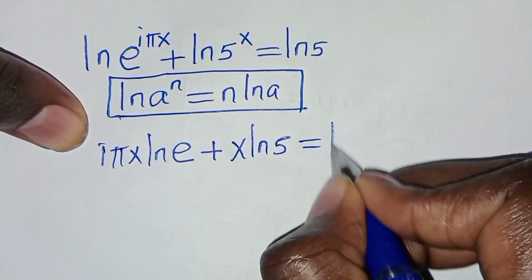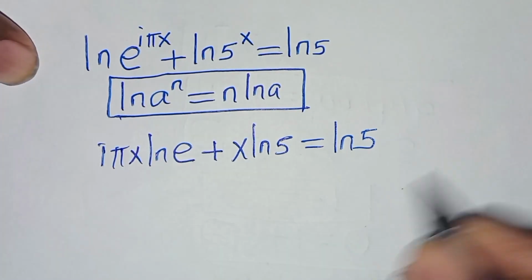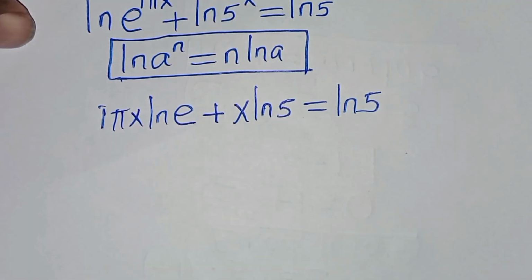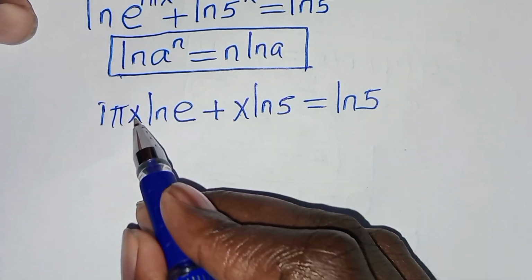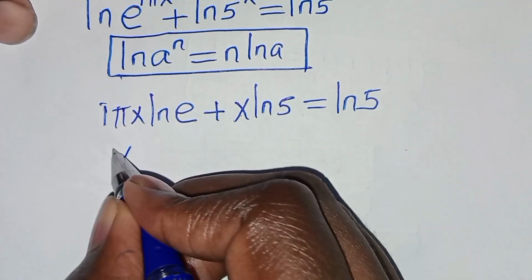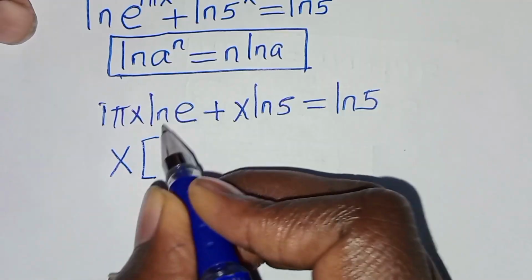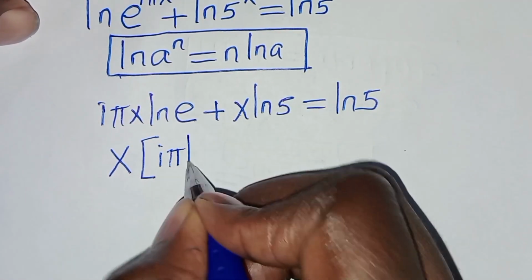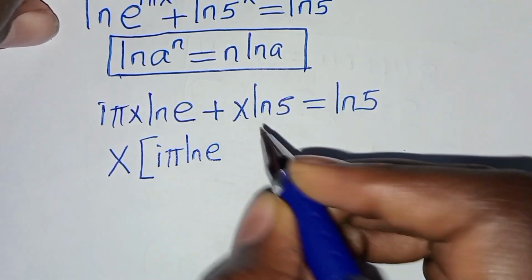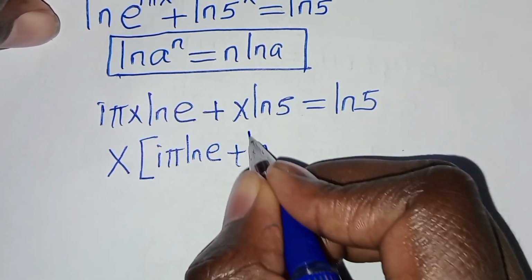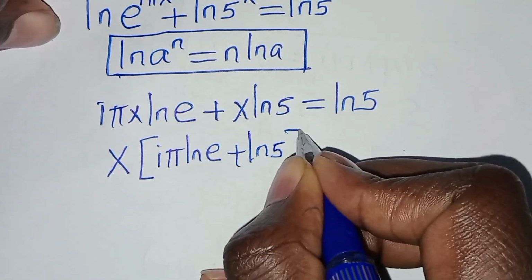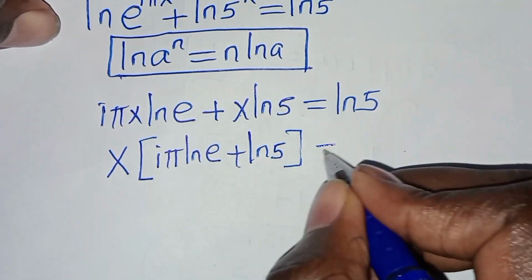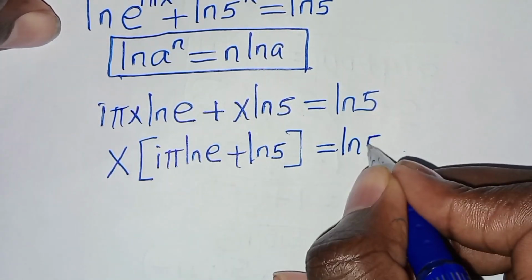This is equal to ln of 5. So from here, since x is common, we can factor out x so that we'll have x into the parentheses. We have i pi ln of e, then plus ln of 5, close the parentheses here. This is equal to ln of 5.